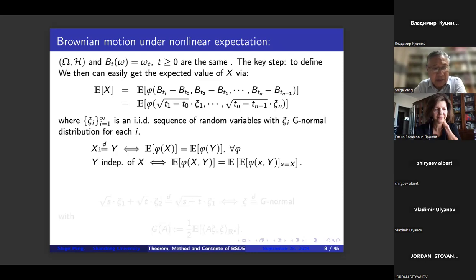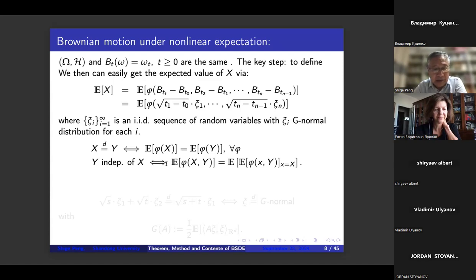X has the same distribution as Y if and only if, for each bounded continuous test function phi, they are the same.